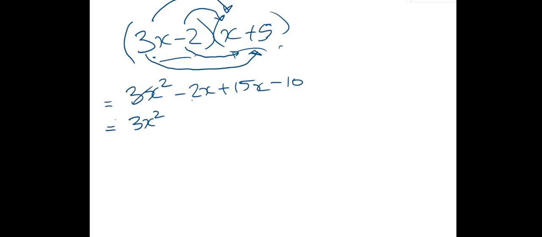That's that done. We combine the x's by themselves there. Negative 2x plus 15x is plus 13x, and the negative 10 is the only constant, so it comes through in the end.